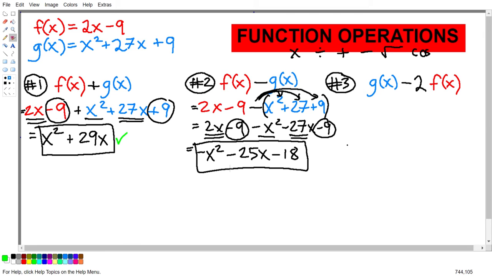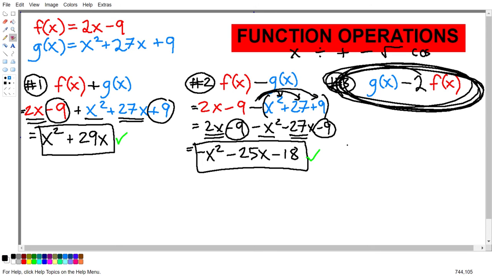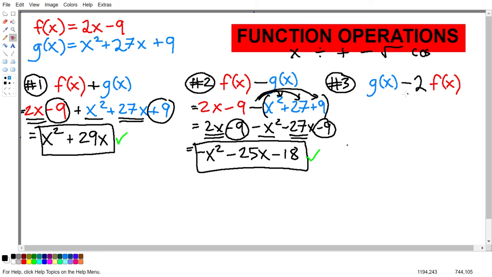Okay, you should already notice, wow, what a big difference it is if I add the two functions versus subtracting the two functions. It's a major difference. So I want you to try out number 3. This time, you're not only going to subtract, you are also going to have to multiply f of x by 2. So give it a try and let's see if we get the same answer.